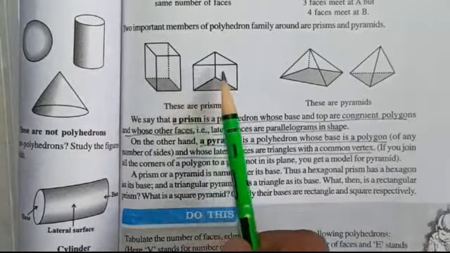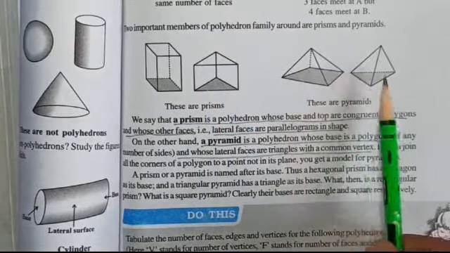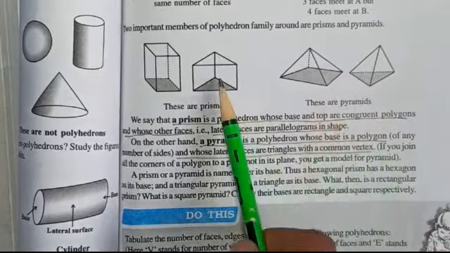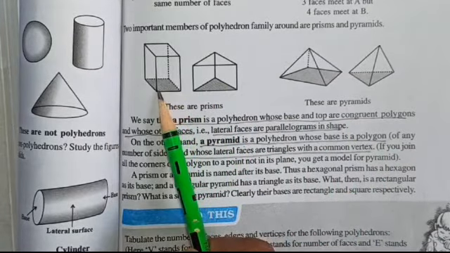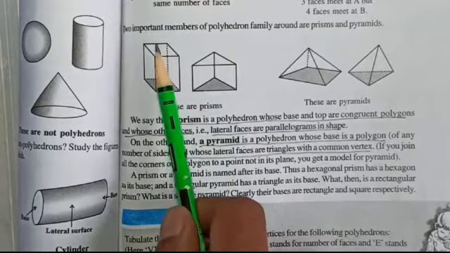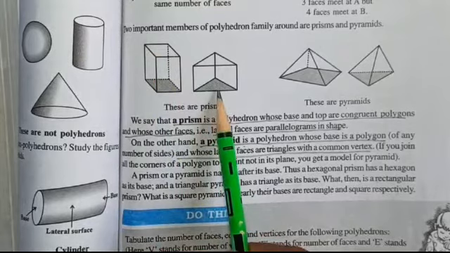So these two figures are prisms, and these two figures are pyramids. In this figure, this face is bottom and this is top. Bottom and top faces will be congruent, and this is also a prism.